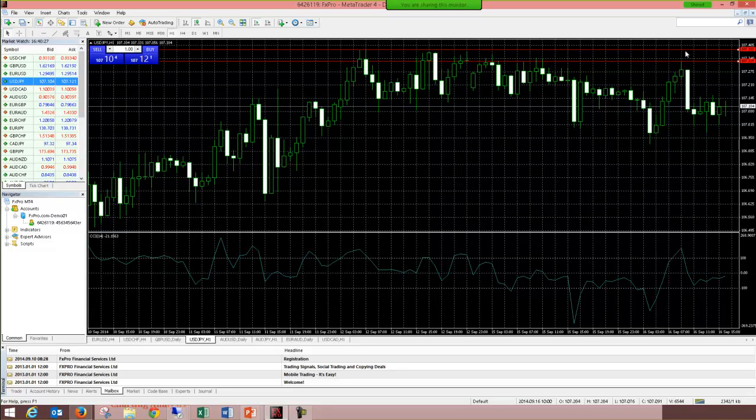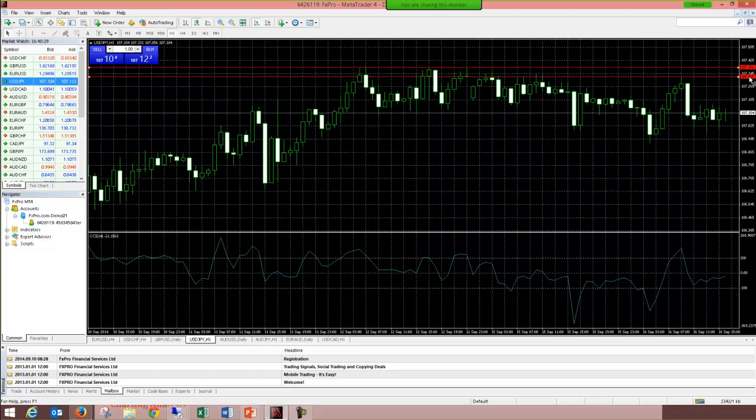But if you were to try and trade the breakout, then ideally you don't want to open your trade just above the break of this level. Let's say the high is here 107.38.